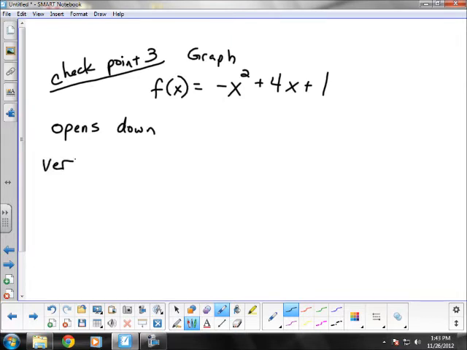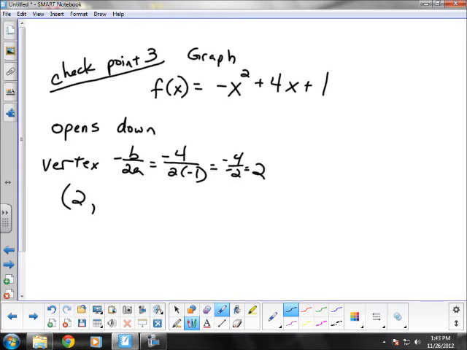To find my vertex, I got to take the opposite of b divided by 2a, which is negative 4 over 2 times negative 1. Take the 4 here and the negative 1 here. So I've got negative 4 over negative 2, which is 2. So the x-coordinate of my vertex is 2.